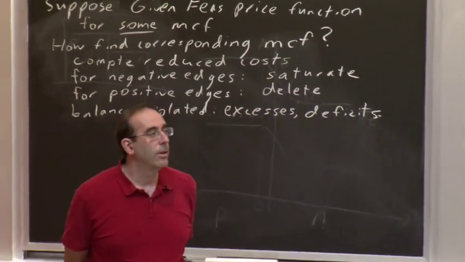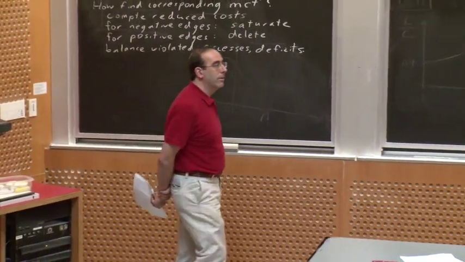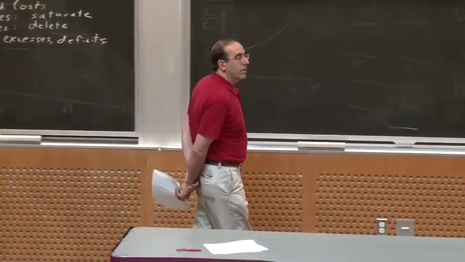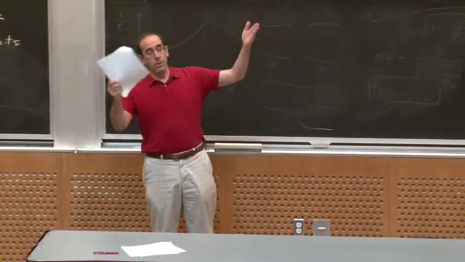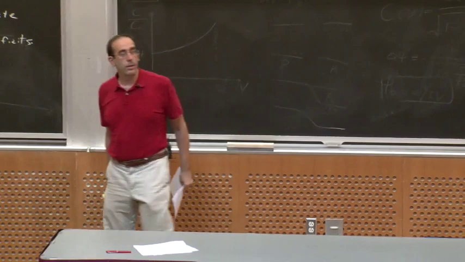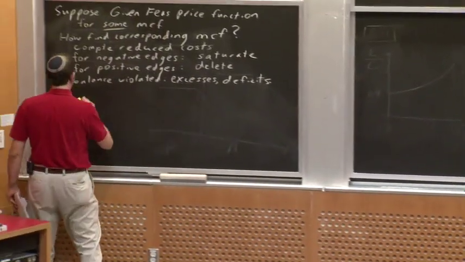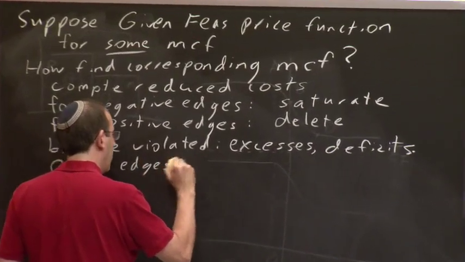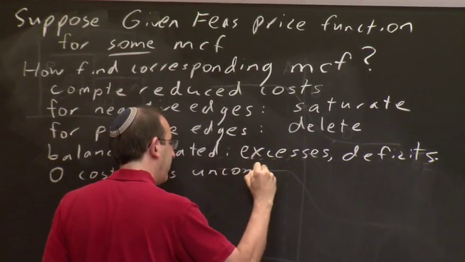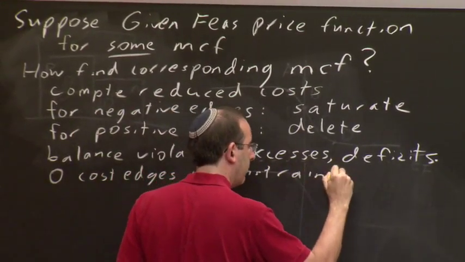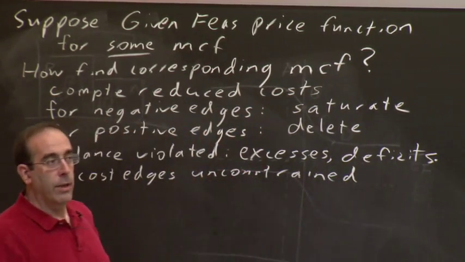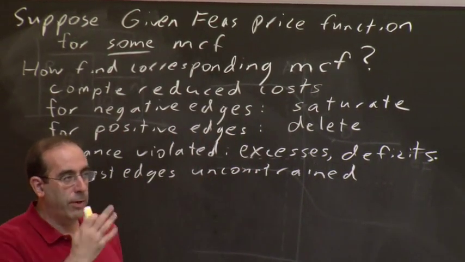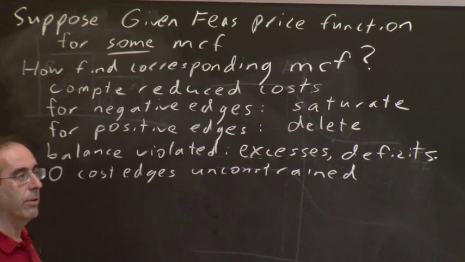Yes? So if you have a collection of edges that you don't know what the flow is, this would be a max flow problem. So what are those edges that I don't know what the flow is? The ones where the cost is 0. Right. So zero cost edges are unconstrained. And so what are you proposing that I do in order to figure out the flow on those zero cost edges?